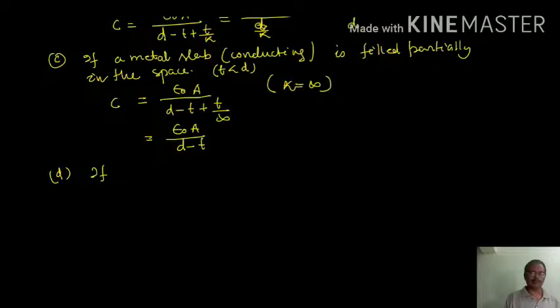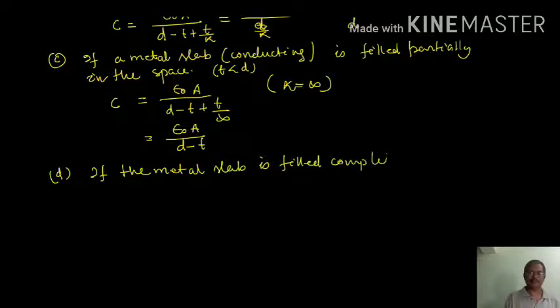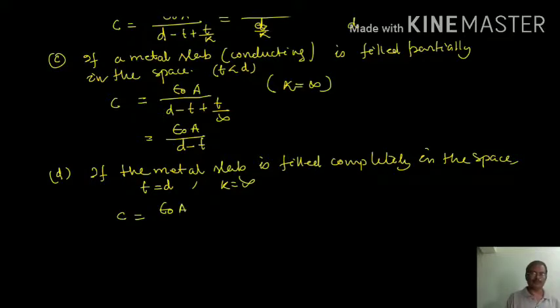If the metal slab is filled completely in the space, that means t equal to d, and here K is infinity, so C is equal to epsilon 0 A by, here d equal to t, so this is equal to 0, so C is infinity.